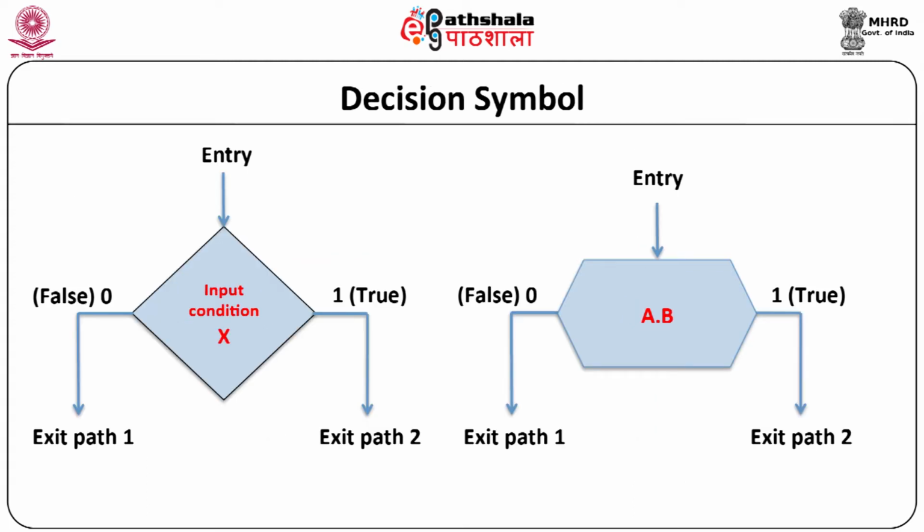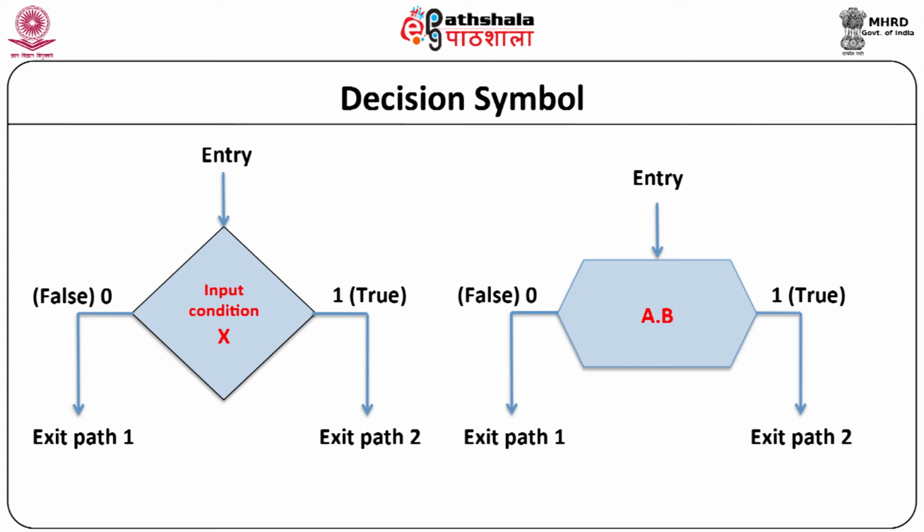The decision or conditional symbol is represented by a diamond shape or modified diamond shape with one input and two or more output paths. One arrow enters the top and two leave the sides, or a side and the bottom. These output branches are true and false branches.